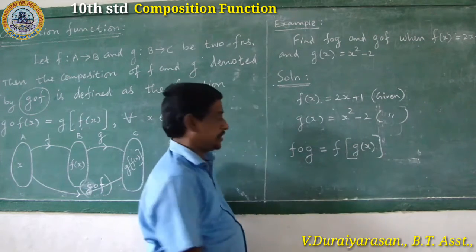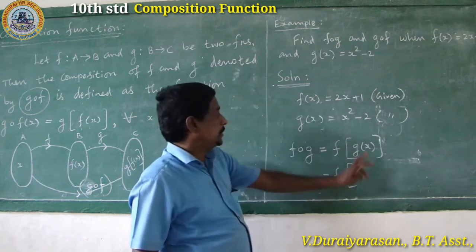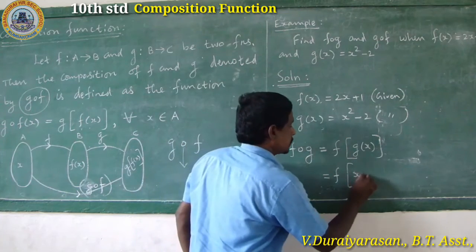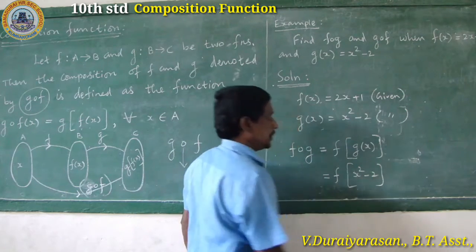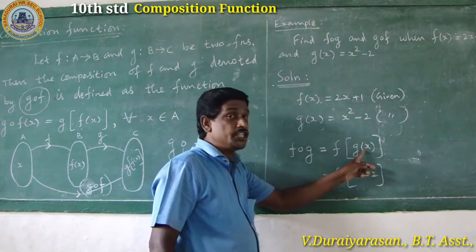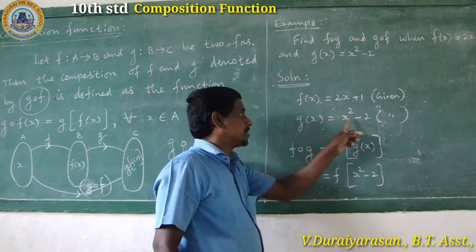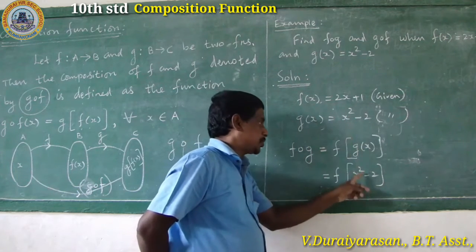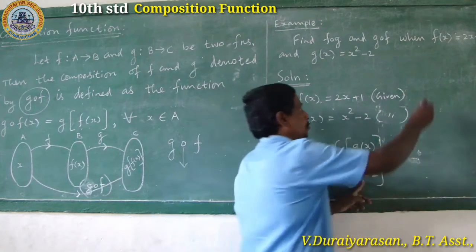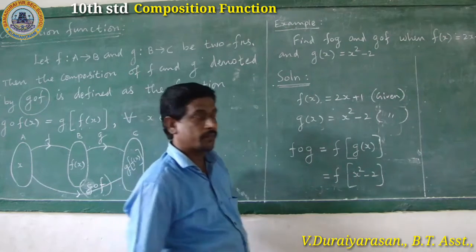What is g of x? G of x is equal to x square minus 2. Substitute the g of x value: f of x square minus 2.